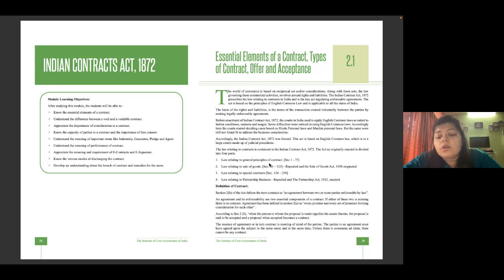Now, what do we mean by an offer? To constitute a contract, the first is what exactly precedes an agreement. Whenever a person has made an offer and that particular offer has been accepted, then with that exercise where an offer meets its respective approval or acceptance, that would lead to an agreement.